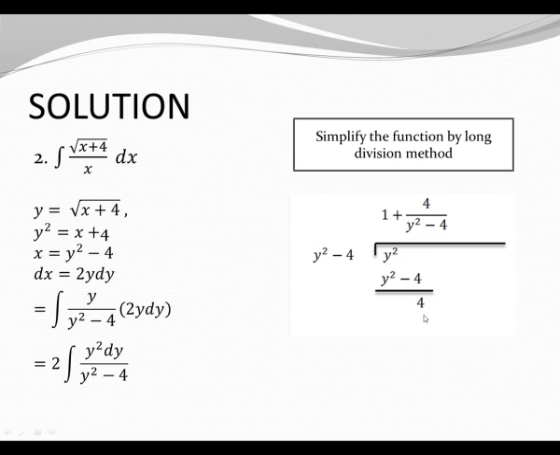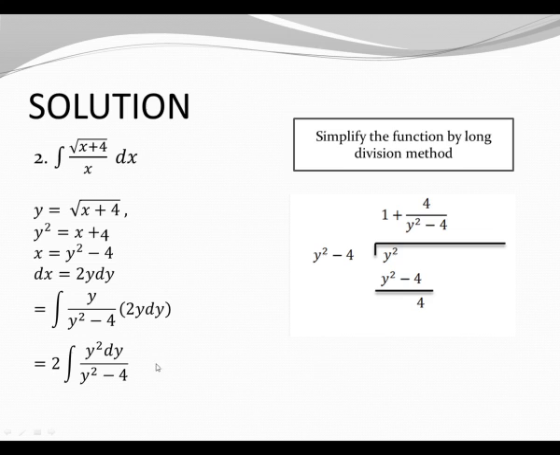And then the next step is, supposedly, we have to divide again, but we cannot divide this anymore because the given is now a real value. Then this is already the remainder of the quotient. So this is just 1 plus 4 as a remainder divided by the divisor, which is y squared minus 4.